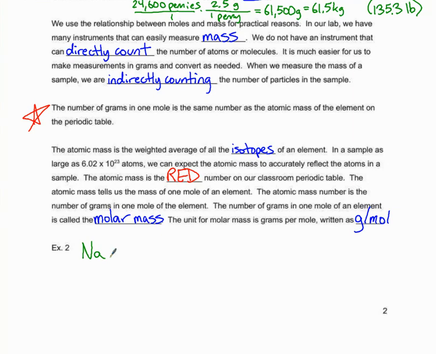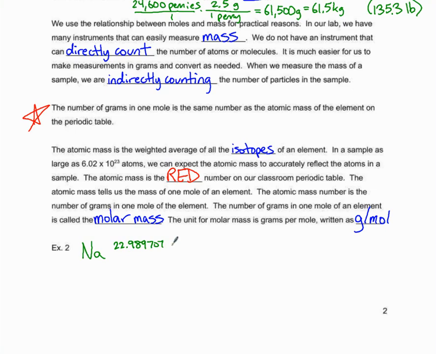And so we look at our periodic table and we find sodium, and it has an atomic mass of 22.989707. Let's write that whole thing down. Your periodic table might round differently too. These are averages.